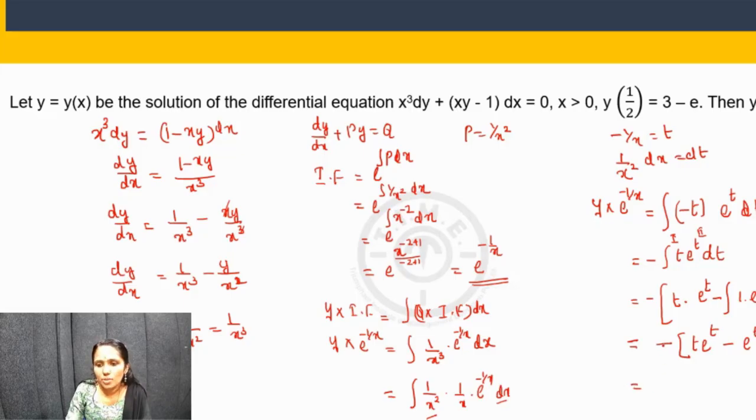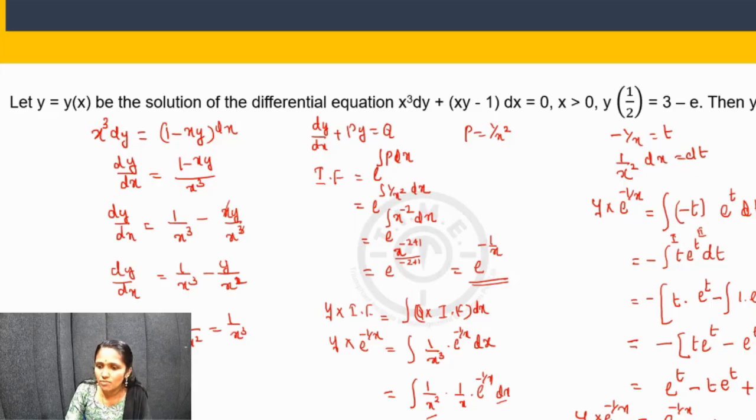So if we multiply this minus sign, we will get e raised to t minus t e raised to t plus c. Now we can substitute the value of t here. We will get y into e raised to minus 1 by x is equal to e raised to t, which is e raised to minus 1 by x, minus t, again minus 1 by x.